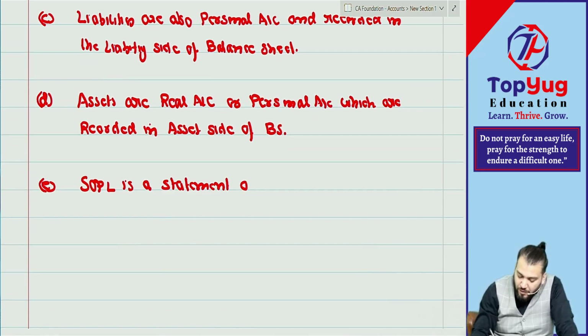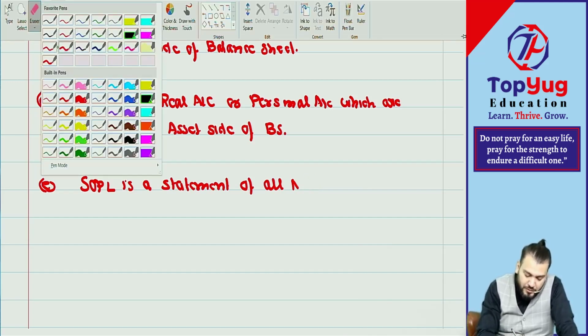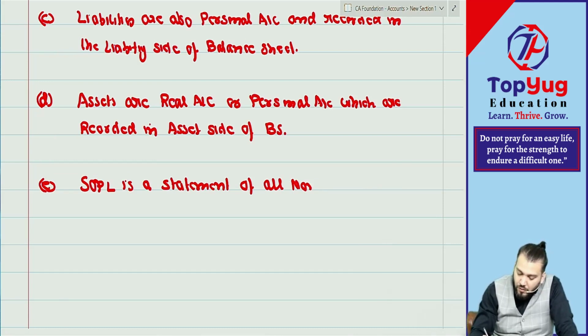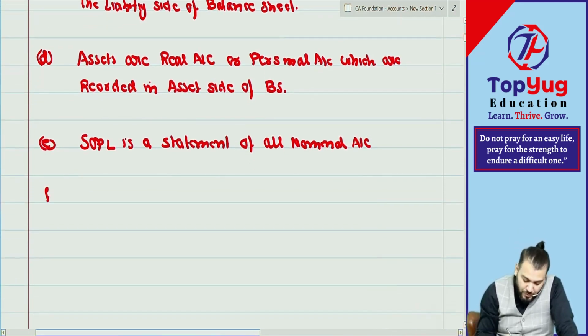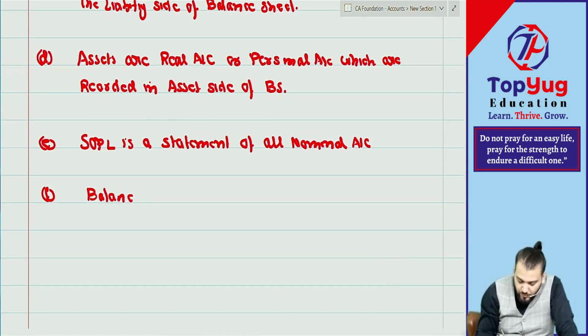A statement of all nominal account. Correct. And we can also conclude that balance sheet is a statement of what?